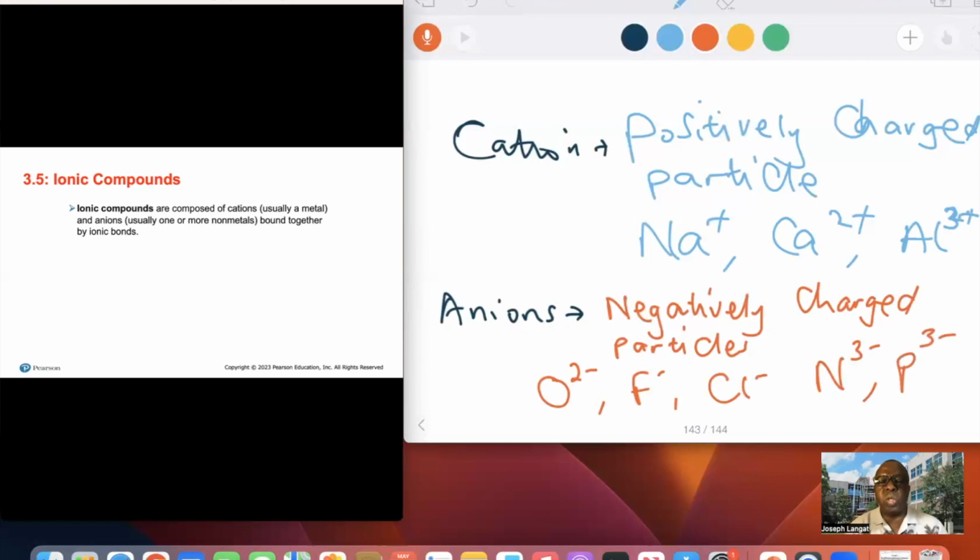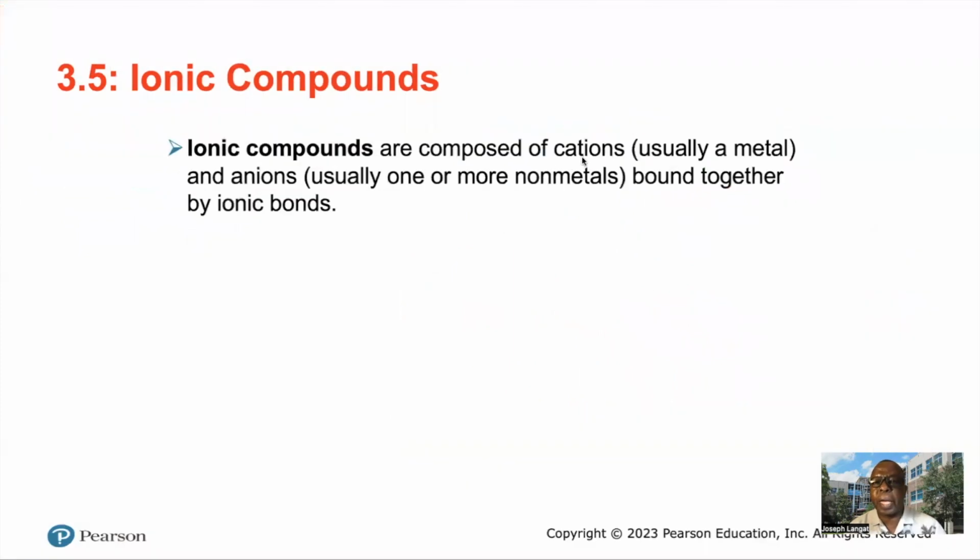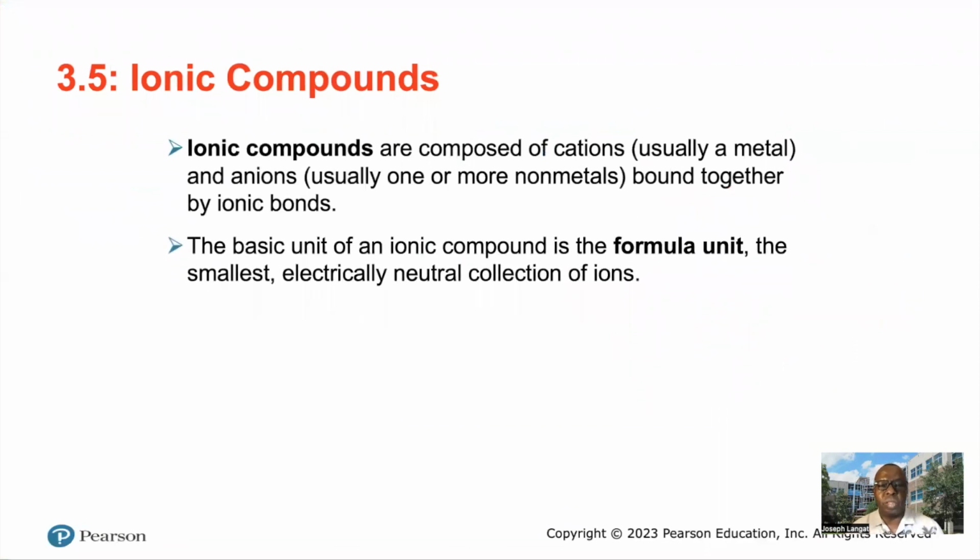You should be able to use the periodic table to predict those. I'm just using the main group so that you understand what is meant by cation and anion. Please use the periodic table to predict the ionic charge.